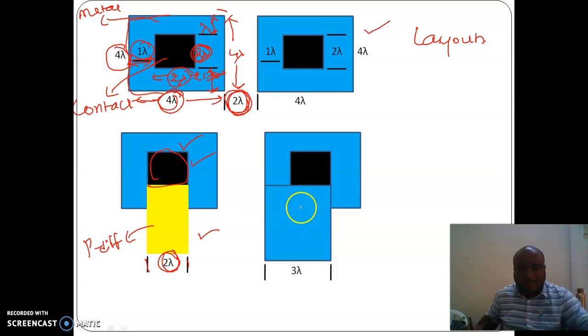When you extend the metal from the contact towards any device, this separation is 1 lambda and this width is 2 lambda, so together 3 lambda. You should use a width of 3 lambda to extend it into the device.